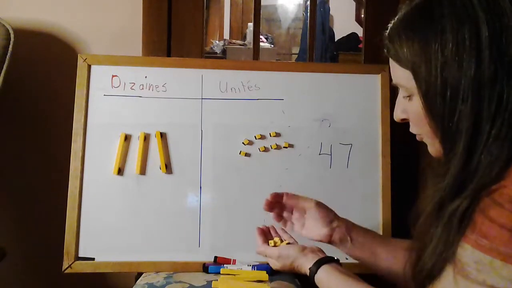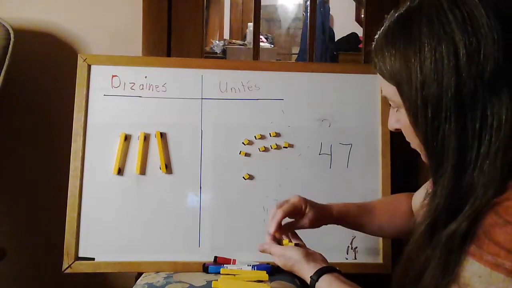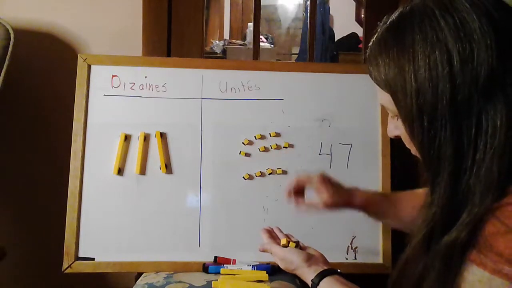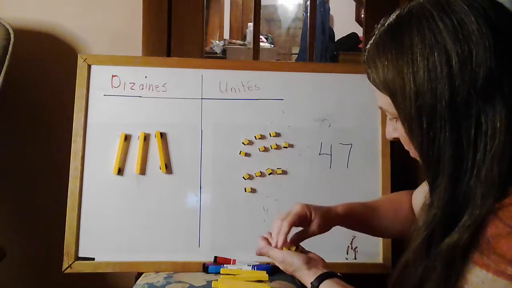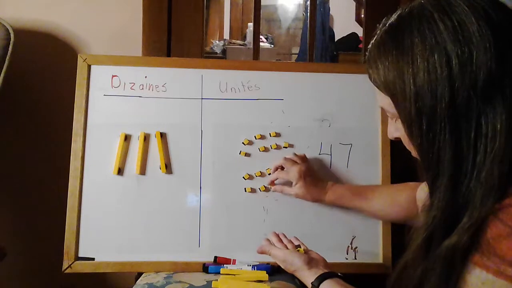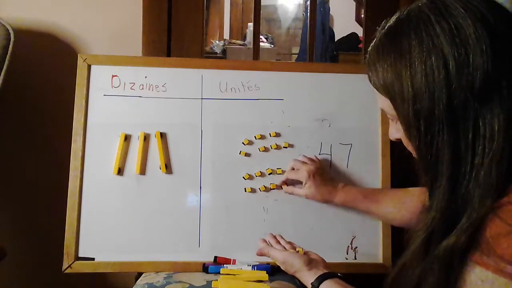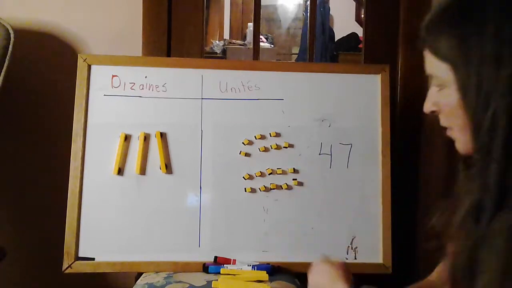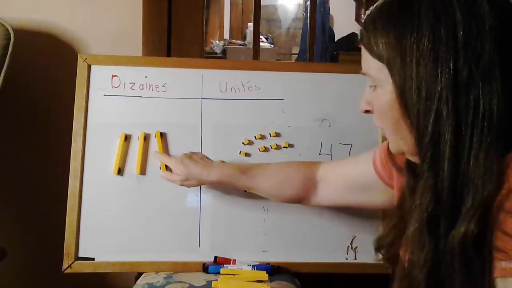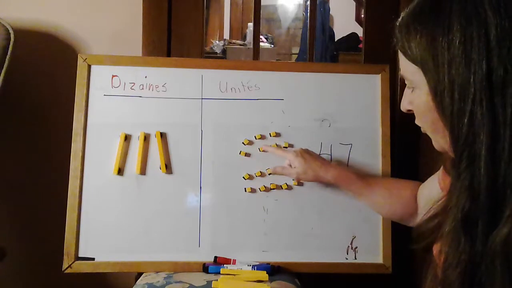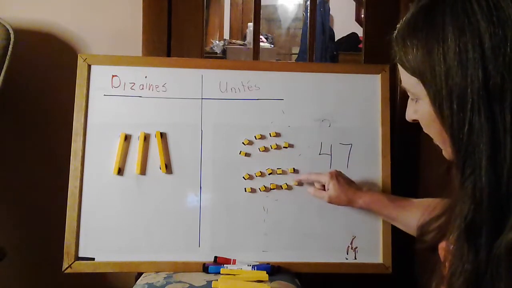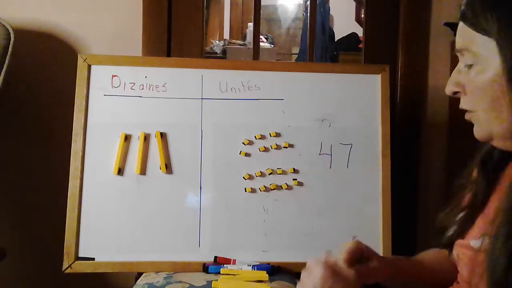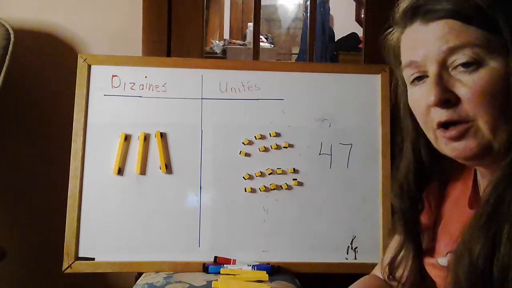And if I put the 10 ones over here, 10, 20, 30, 31, 32, 33, 34, 35, 36, 37, 38, 39, 40, 42, 44, 46, 47. I still have 47 blocks.